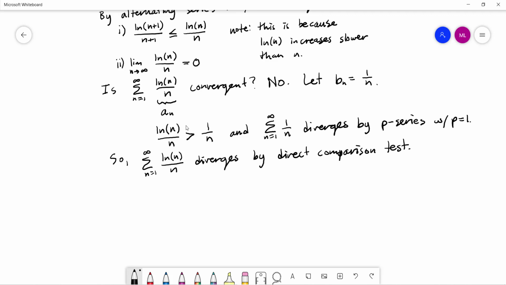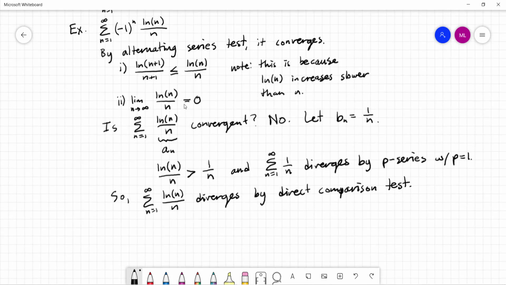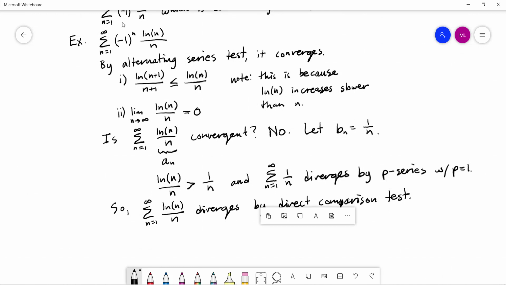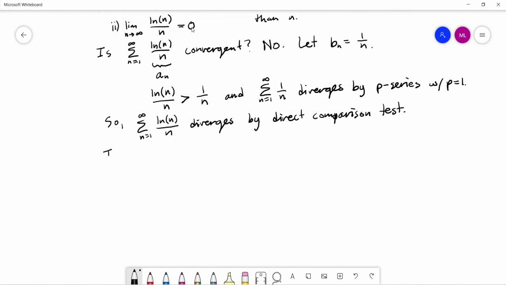And so because the alternating version up here, with the -1 to the n, converges, and the version without the -1 to the n diverges, then it turns out this thing up here is conditionally convergent. Therefore, it converges, but not absolutely.